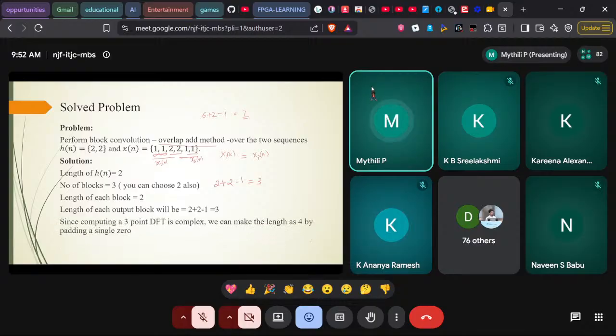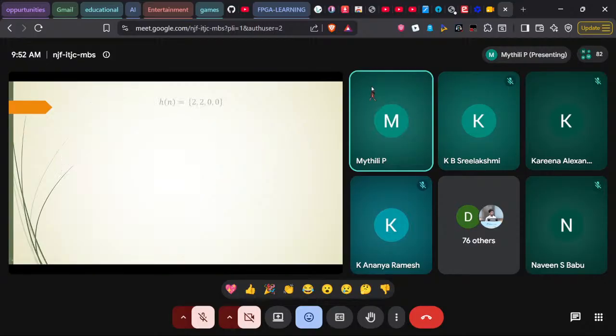Since computing a 3-point DFT, you already know is complex, we can make the length as 4 by padding a single zero. So let's make it equal to m plus L minus 1, we are adding one extra zero. So you can see I have added 2 zeros here for each block.